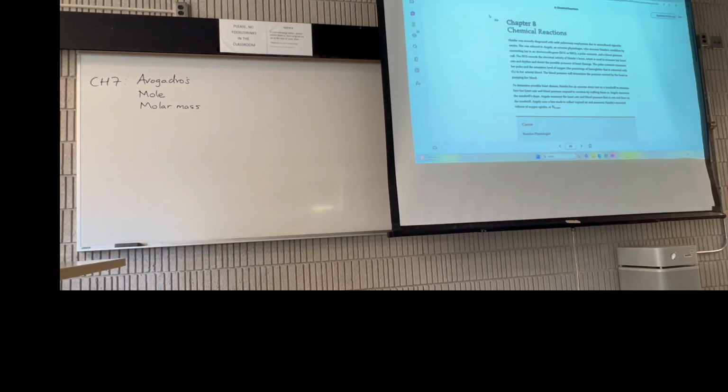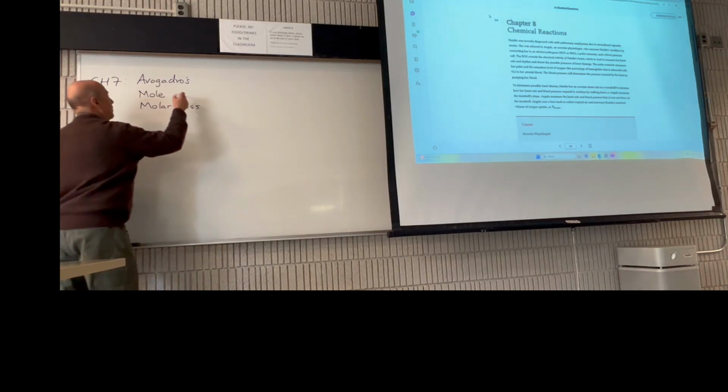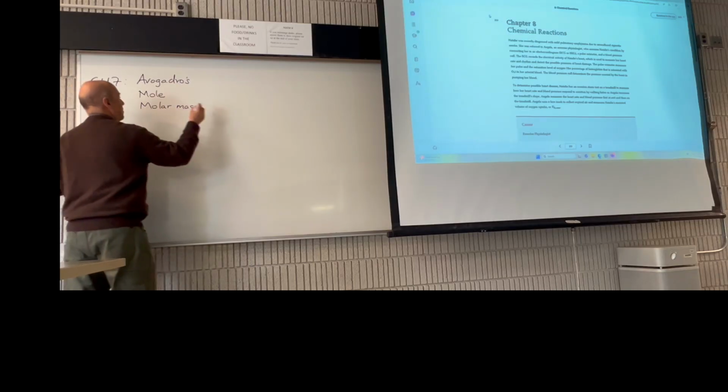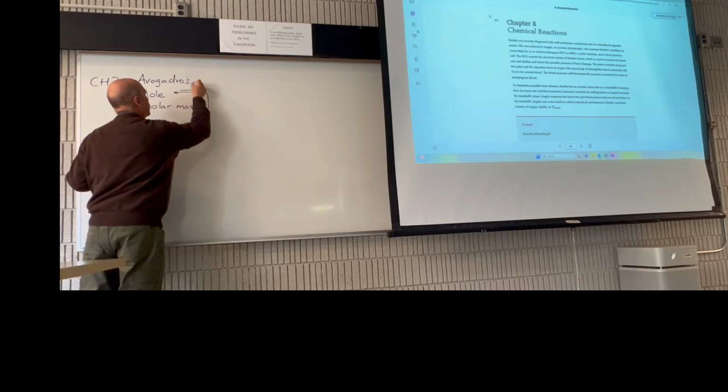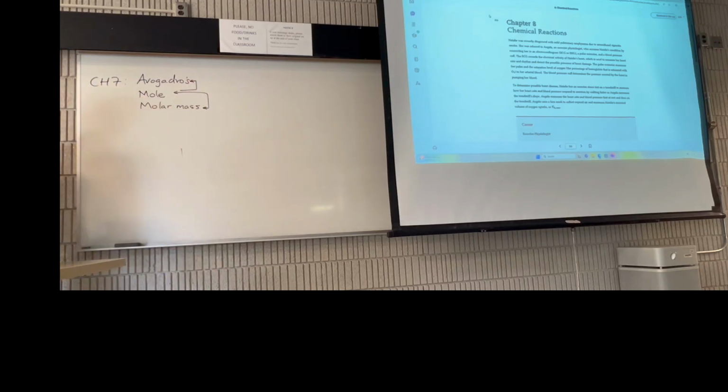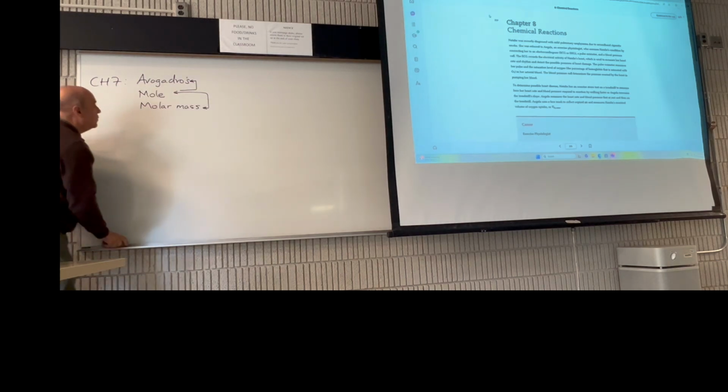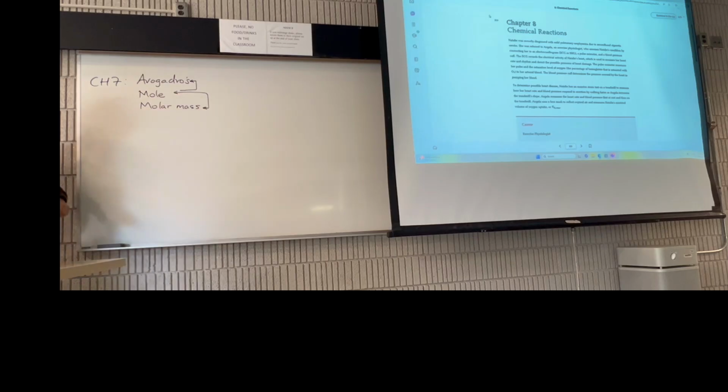And then we also did some conversions from these three entities. So we went from amount in moles to number of particles, which is what Avogadro's number gives you, and then to grams, which is what you can weigh in a laboratory.